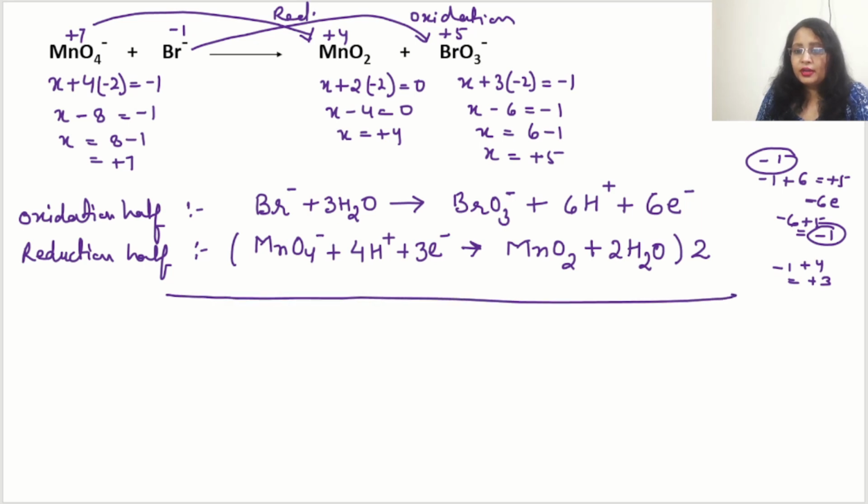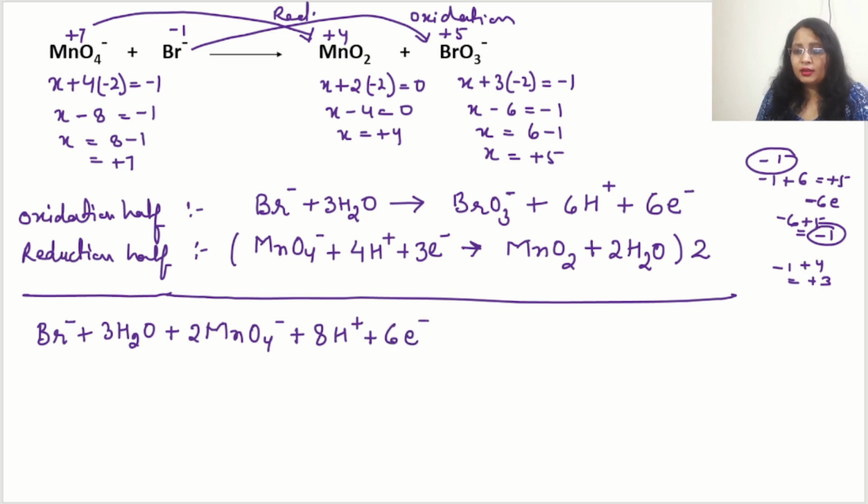Now add the whole reaction. So first we will write Br minus plus 3H2O plus, now the left hand side for the reduction half, so it is 2MnO4 minus plus 4 2s are 8H plus plus 3 2s are 6e minus.